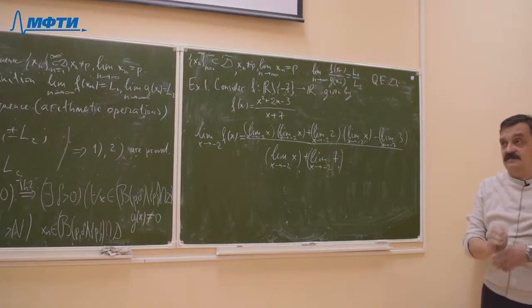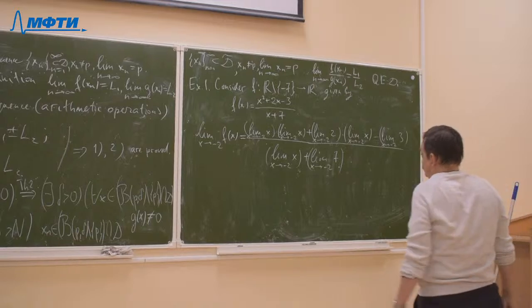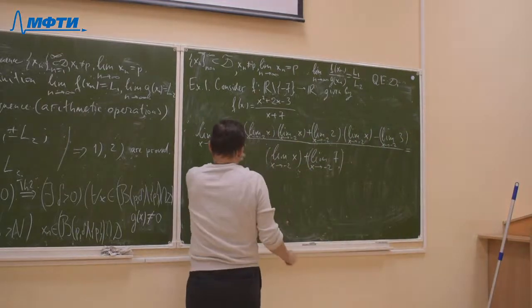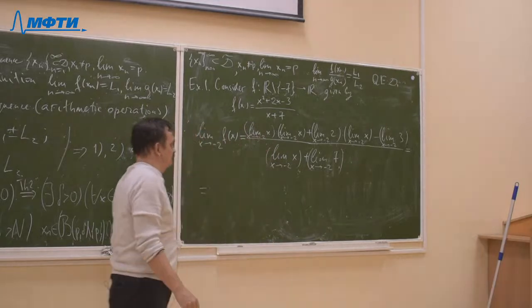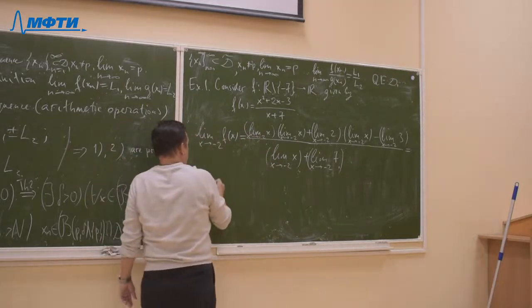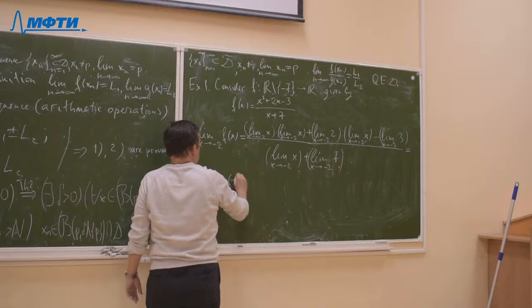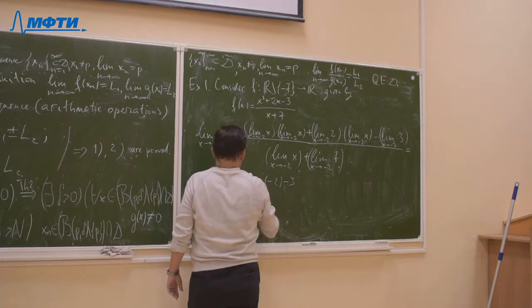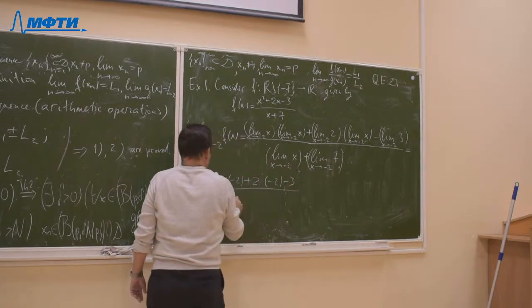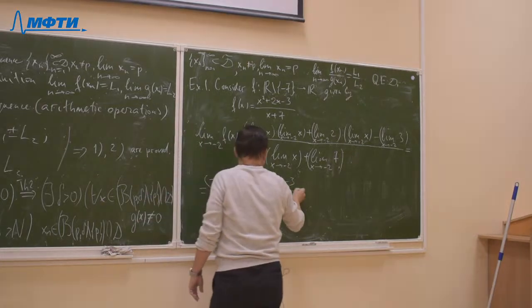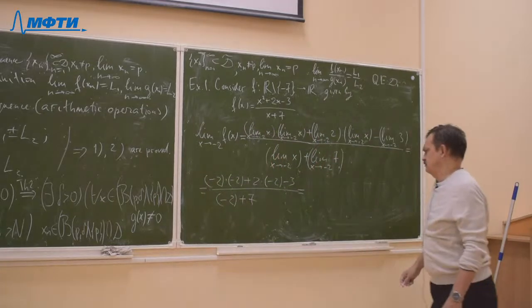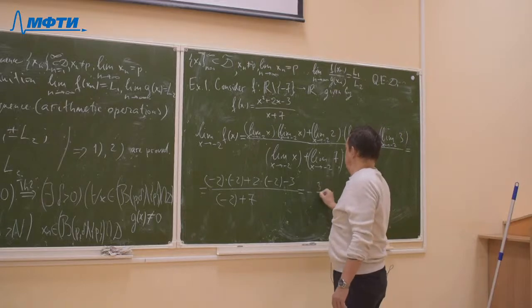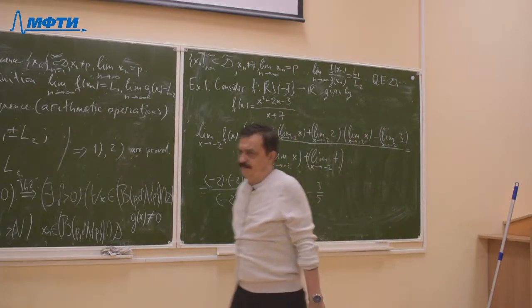Limits of constants, of course, are the same constants, and the limit as x tends to P of x equals P. So we have minus 2 times minus 2 plus 2 times minus 2 minus 3 over minus 2 plus 7, and that is 4 minus 4 minus 3 over 5.